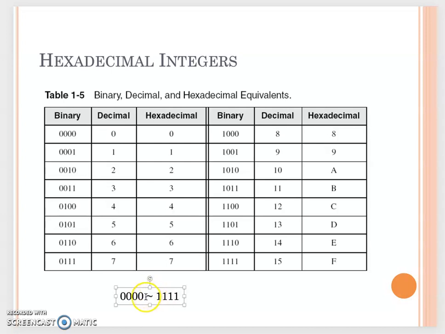So 0 is represented like this, then 1, 2, 3, 4, and 15 is 1111. On the other hand, this is how hex converts to decimal, and every 4-bit binary is equivalent to 1 hexadecimal digit. That's the relationship between binary, decimal, and hex numbers.